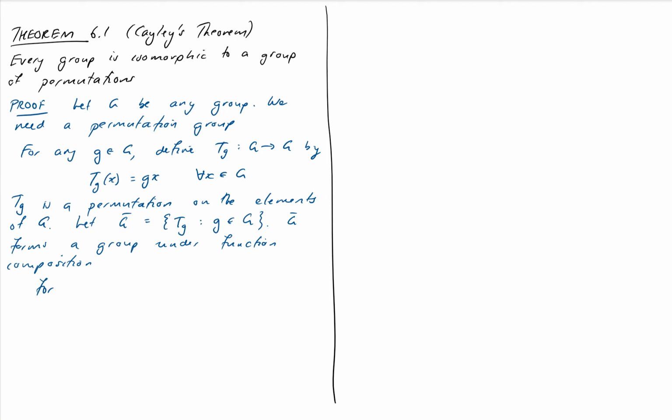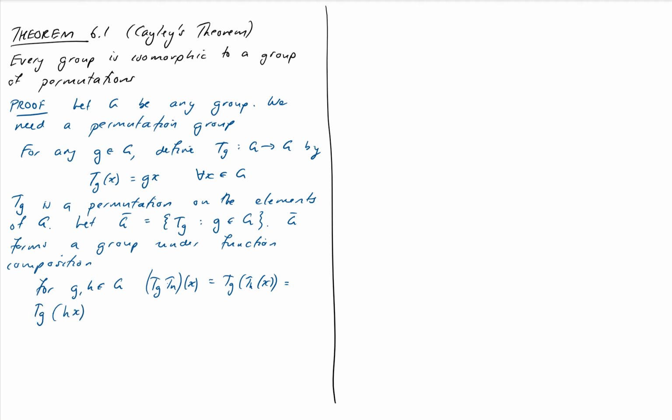For g and h in our group G, we see that T_g T_h of x is equal to T_g of T_h of x, which equals g times hx. Well, I should do it in two steps.